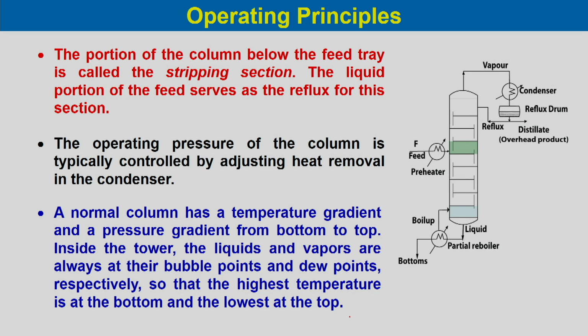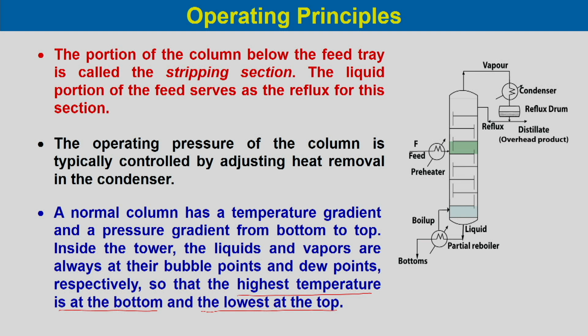A normal column has a temperature gradient and a pressure gradient from bottom to top. Inside the tower the liquid and vapors are always at their bubble points and dew points. So, the highest temperature is at the bottom and the lowest temperature is at the top.